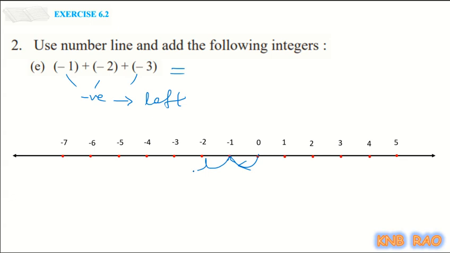Again 1, 2 I moved towards left to add minus 2, and again I am moving from there again left because minus 3. 1, 2, 3, that means I arrived at minus 6. So minus 6 is the right answer. So we could find addition of positive numbers and negative numbers based on the direction that we decide.